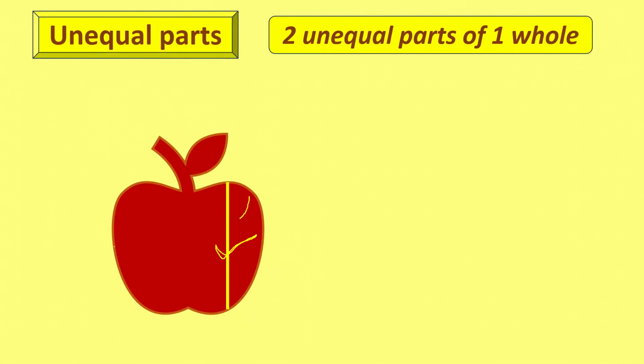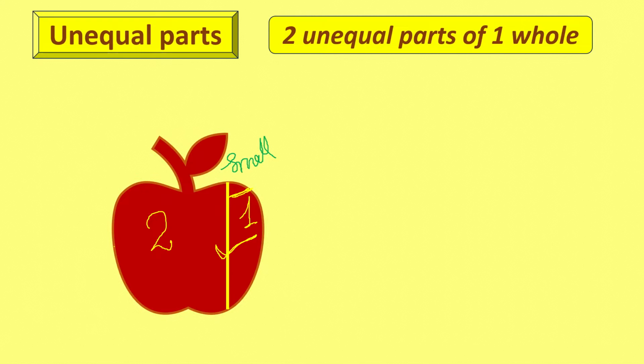Look at here, it's the first part as you see, and the second part. Okay, but are both equal in shape and size? No, the first part looks small, bacha.